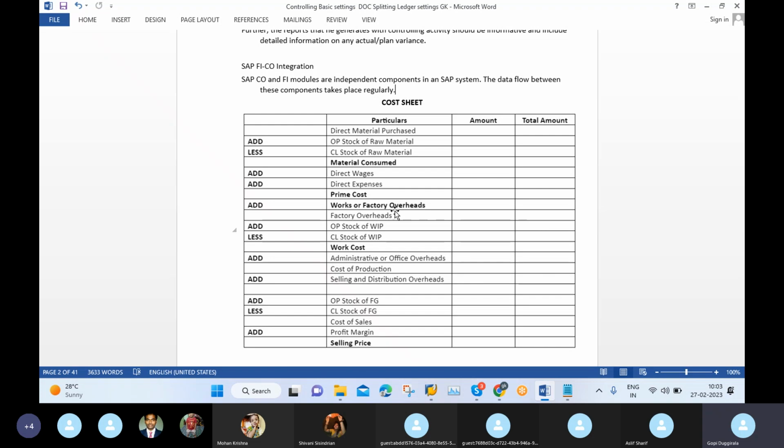So it means the total product cost, especially in the controlling module. This is very important. We have one very huge module, product cost. If you claim some experience in product cost, definitely you will get the job. Product cost and COPA.